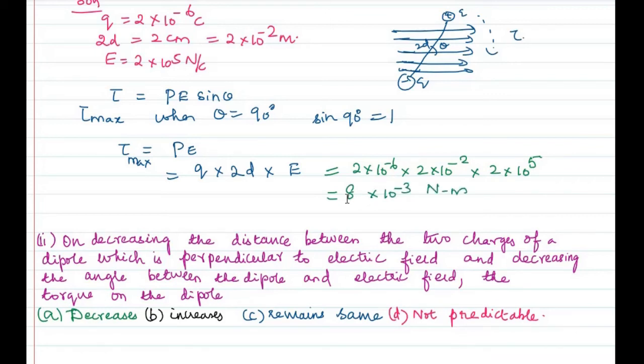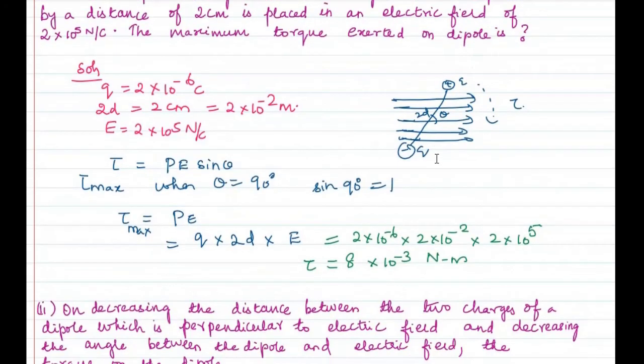Newton meter is the unit for torque. So the answer is 8 into 10 to the power of minus 3 Newton meter. This is the formula for torque; after deriving, we get this formula, and in this you substitute theta as 90 degrees for maximum torque.